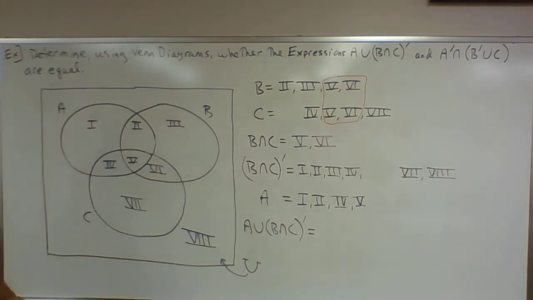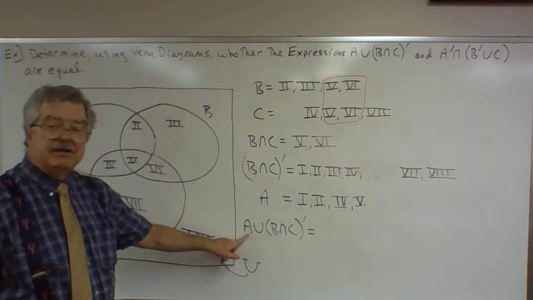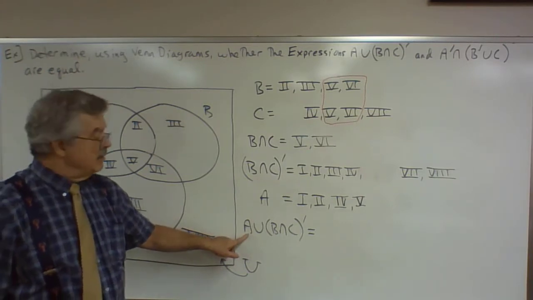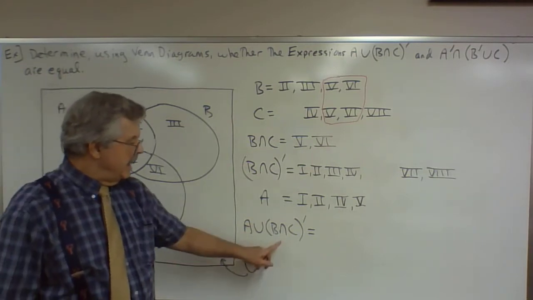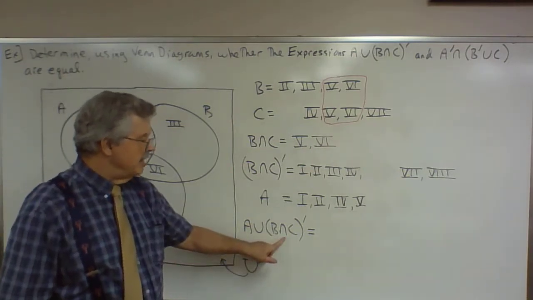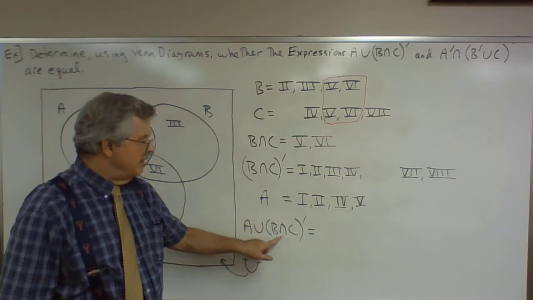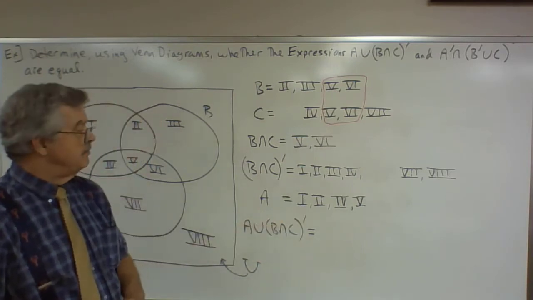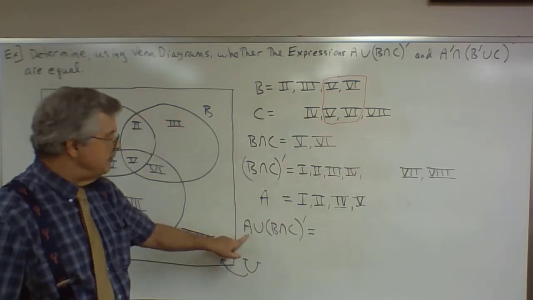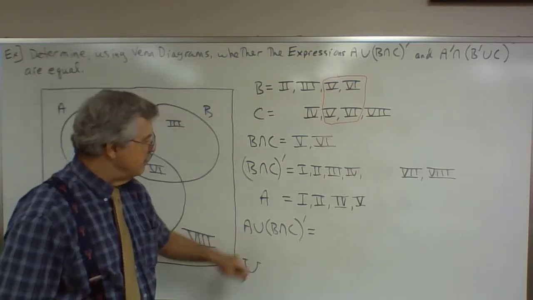And what is this going to be? It's the set of all regions that are in set A, and the set of all regions that are in B intersect C complement, or both. So anything that's in set A is going to be in here.